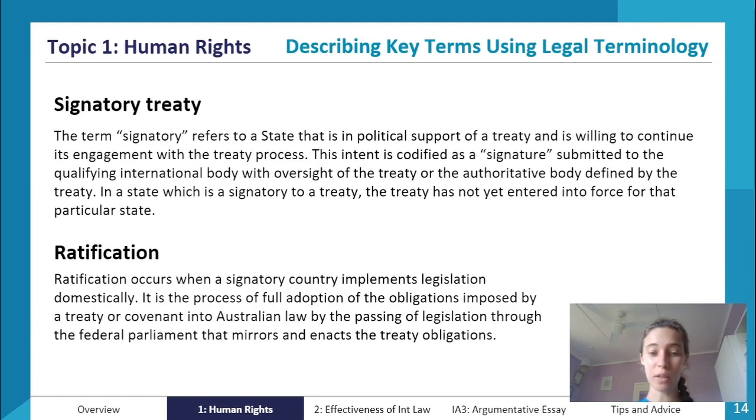So it is the process of full adoption of the obligations imposed by a treaty or covenant into Australian law by passing legislation through the federal parliament that is mirroring those treaty obligations. So whatever the treaty said that you needed to meet, the different standards and obligations, you're passing legislation that reflects that in that particular country.